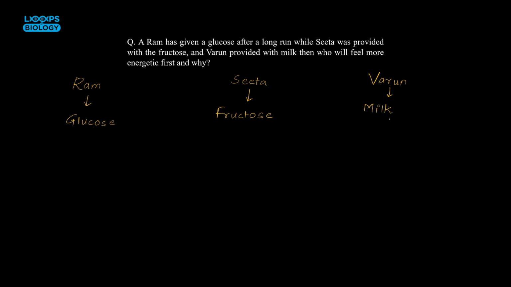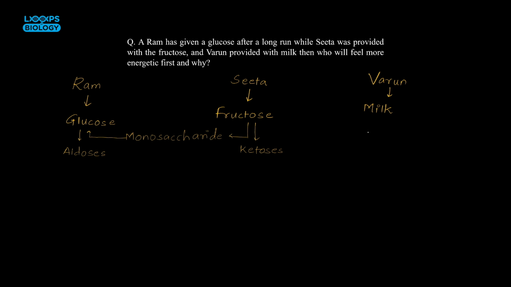You can eliminate one option. How? Glucose and fructose both belong to the monosaccharide group. Yes, I know fructose is a ketose while glucose is an aldose, but that doesn't matter here. They are both monosaccharides, so the option should be Ram or Sita.